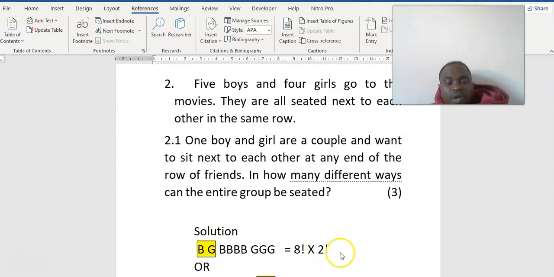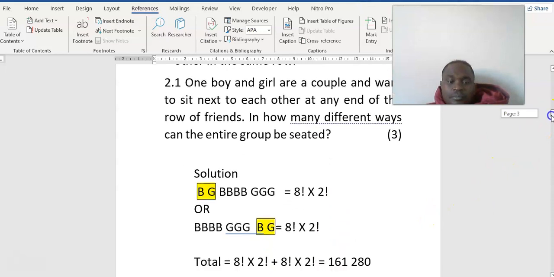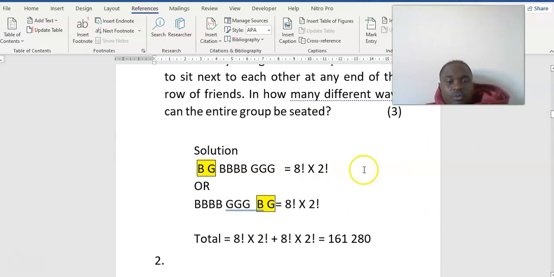Then this one also, remember the boy and the girl can sit at the left end or at the right end. So here also we are going to have 1, 2, 3, 4, 5, 6, 7, 8. Count this as 1, 8 factorial. And the boy and the girl can swap, so it's going to be 2 factorial.